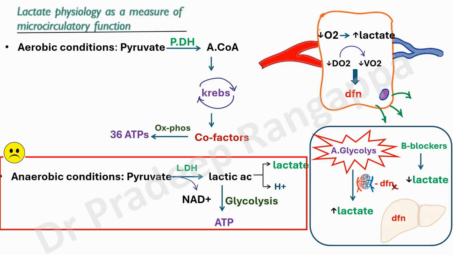And we need to understand in sepsis, if the patient is already on beta blockers, the amount of lactate rise may not be as much as it would be in patients who are not on beta blockers. Beta blockers temper down the rise in lactate, and the vice versa happens in liver dysfunction, where even though the sepsis is not that bad, the lactates may be high because of the B type of lactate, which tends to go up in liver dysfunction. So there are certain caveats in the way we interpret. Not all lactate is due to cellular hypoxemia. There are so many other reasons also, is what we need to understand.